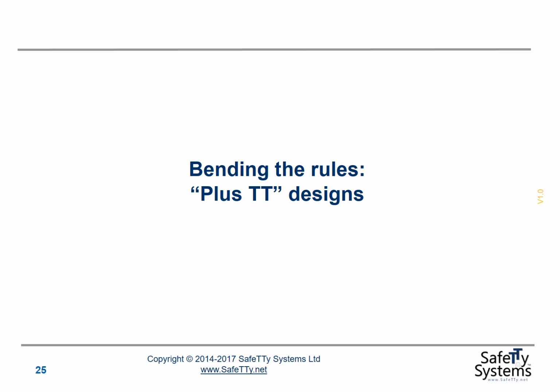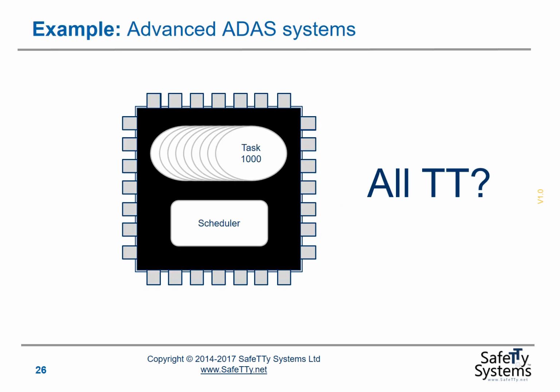There's another option we can consider, a plus TT design, or another way of viewing this is sometimes called use of a TT wrapper in our design. Suppose we've got an advanced driver assistance system. We've got a scheduler and we've got 1,000 tasks, etc. Or we've got an RTOS and a large number of tasks. And this system already exists.